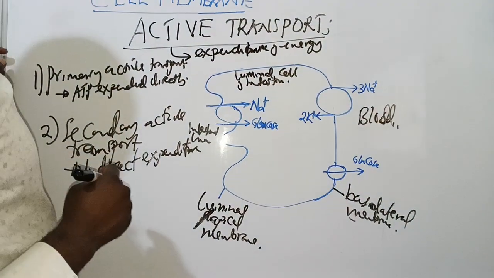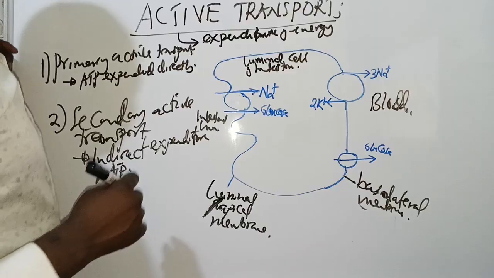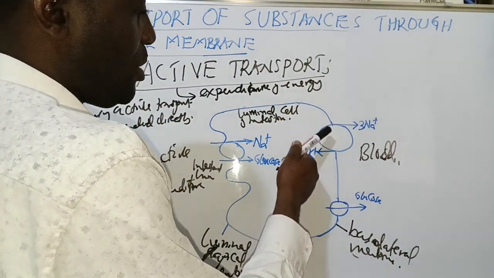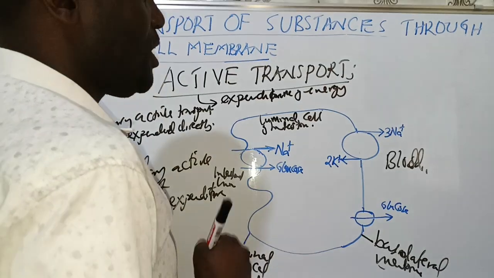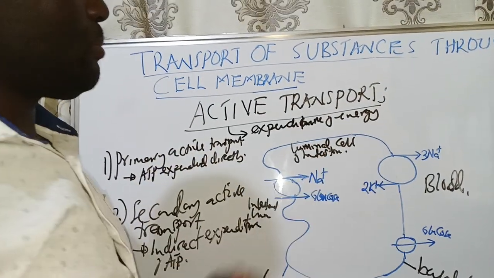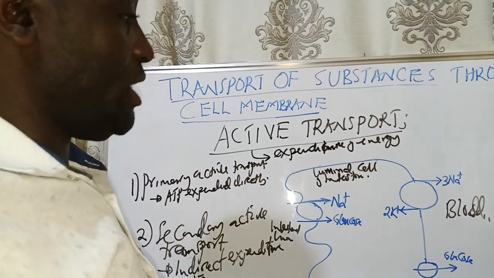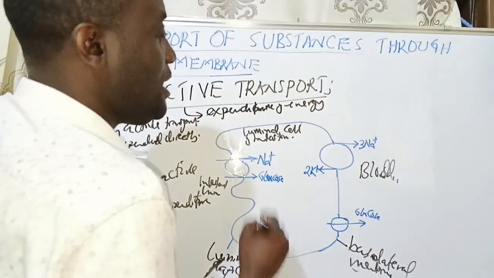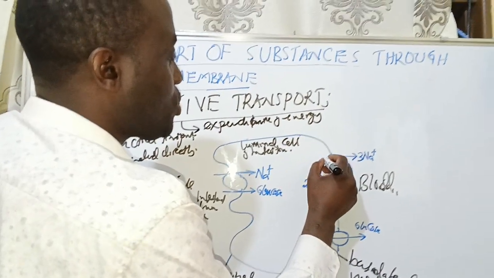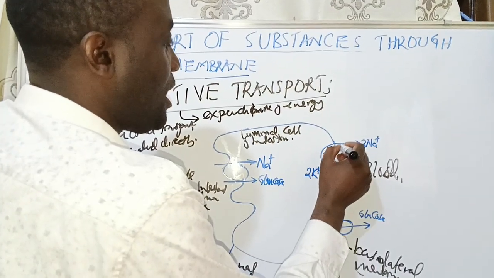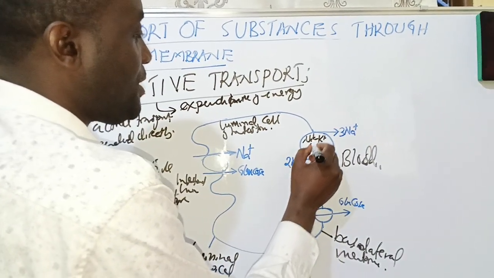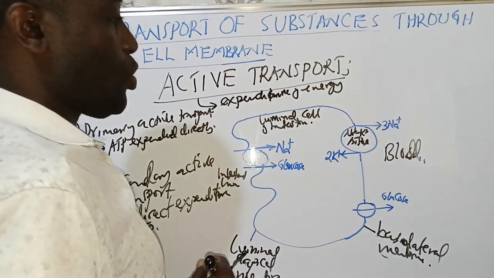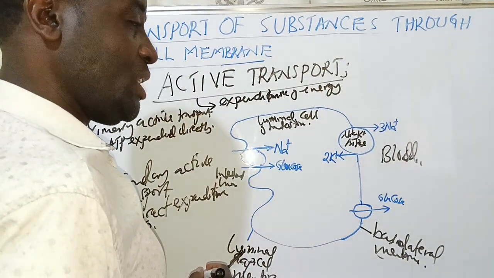Okay. Now let's look at this point here. We are beginning with the basolateral membrane of the luminal cell. We want to see both types of active transport being demonstrated here. Now, there is a protein here, which is the sodium potassium ATPase, but also feel free to call it sodium potassium pump.